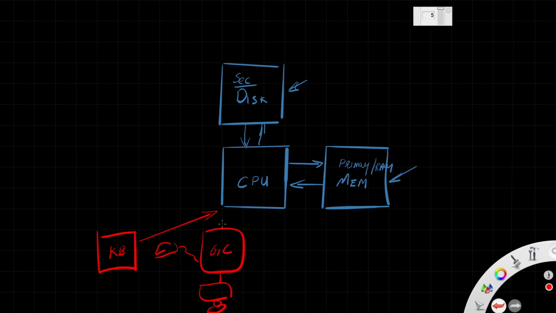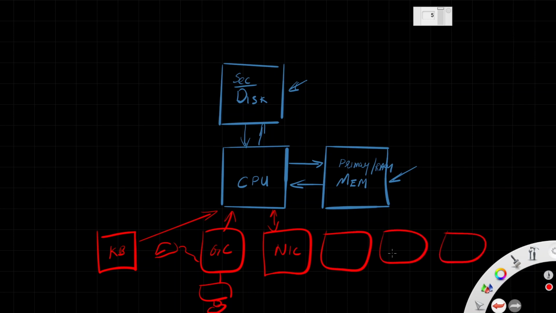So everything is connected to the CPU directly or indirectly. Then the network card, where we connect to different network devices. So along with this, we can have any number of devices: camera, touch screen, printer, scanner, anything. They can be USB devices, non-USB devices, different ways to connect to a computer.